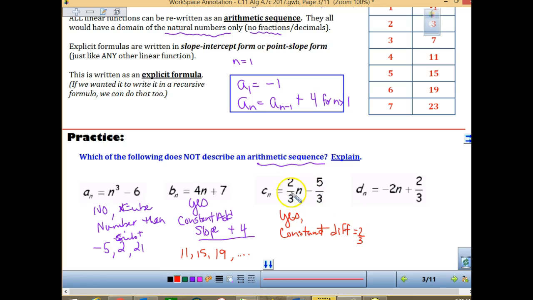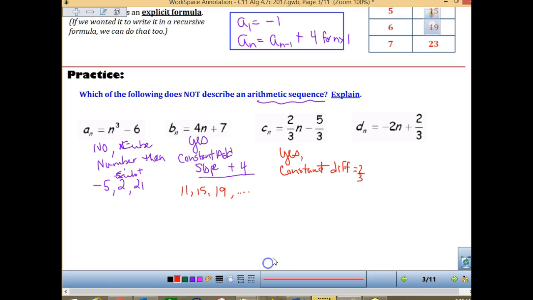So if I plugged in 1, I would have had 2/3 minus 5/3. That would give me -2/3. I plug in 2. I'm going to have 4/3 minus 5/3. That's going to give me a negative 1/3, right?